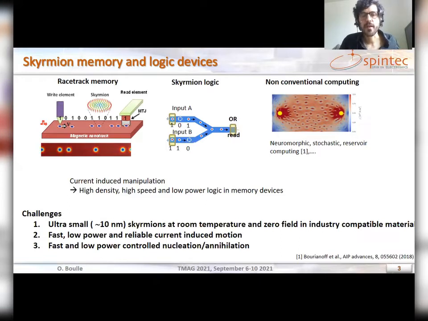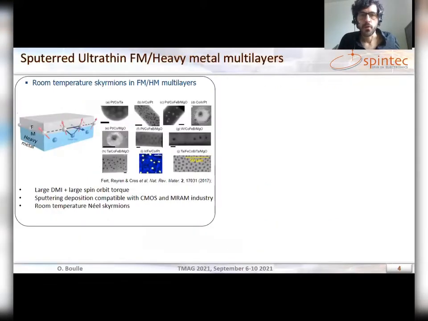Finally, to write and read the information, you need to achieve controlled nucleation and annihilation with fast and low power excitation. So recently, the demonstration of room temperature skyrmions in ferromagnetic heavy metal ultra-thin films, as well as their current-induced manipulation, have lifted an important bottleneck towards the realization of such devices.